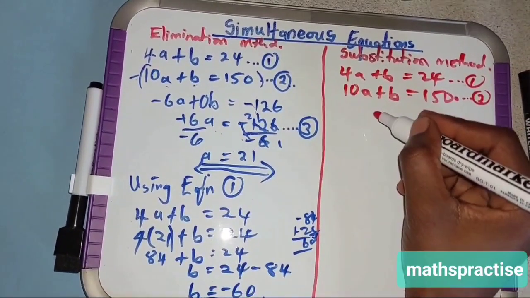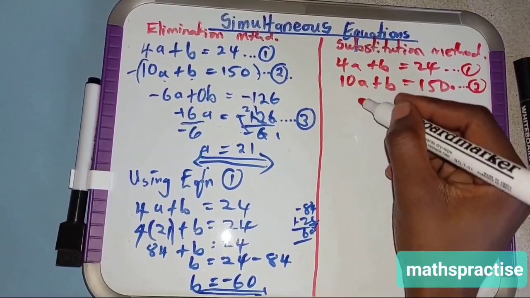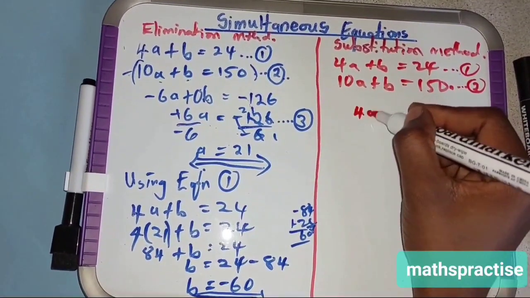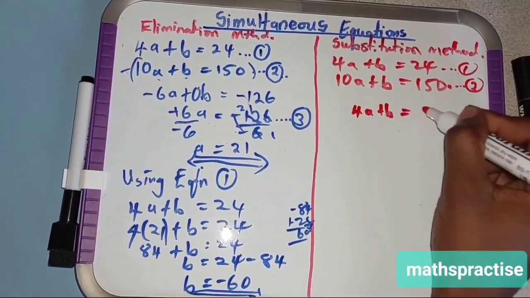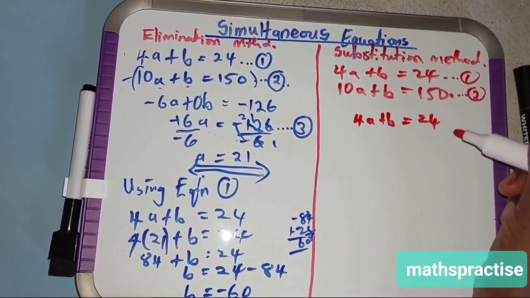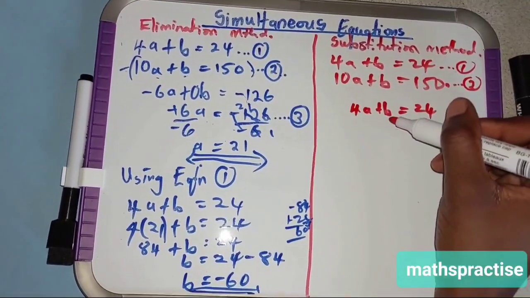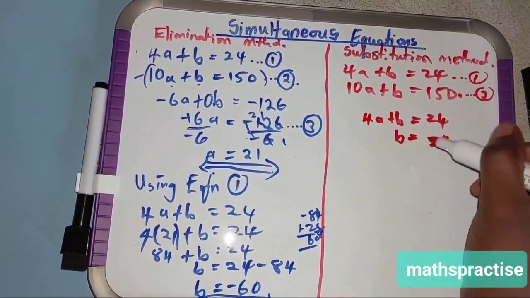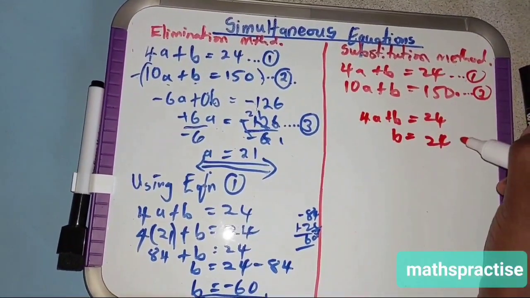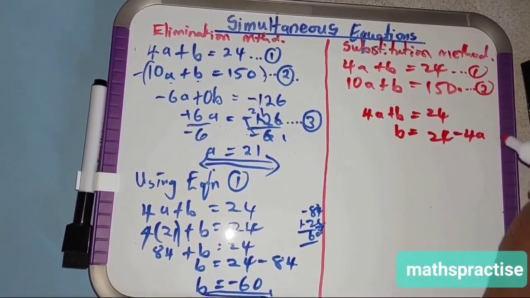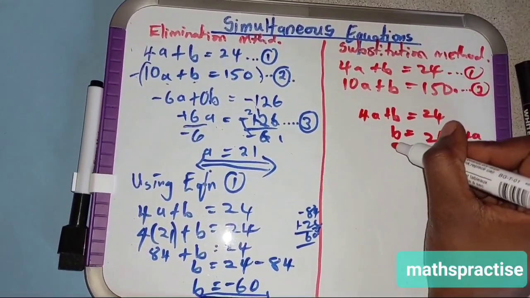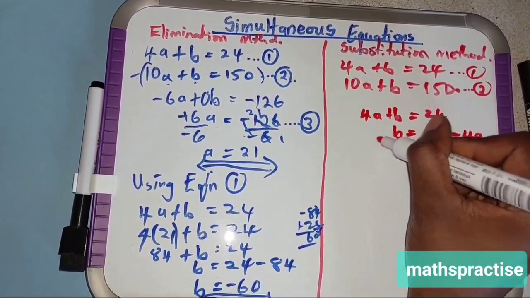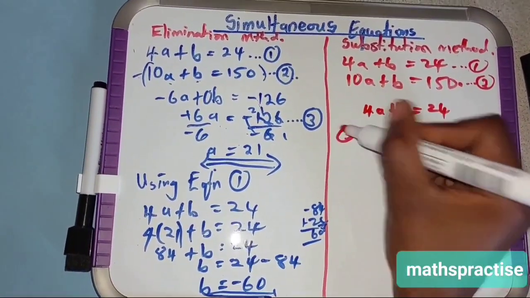For instance, equation 1 is 4a plus b is equal to 24. The easiest to make the subject is b, so b is equal to 24, and when you move the 4a it becomes minus 4a. So b is 24 minus 4a, and this will become equation 3.